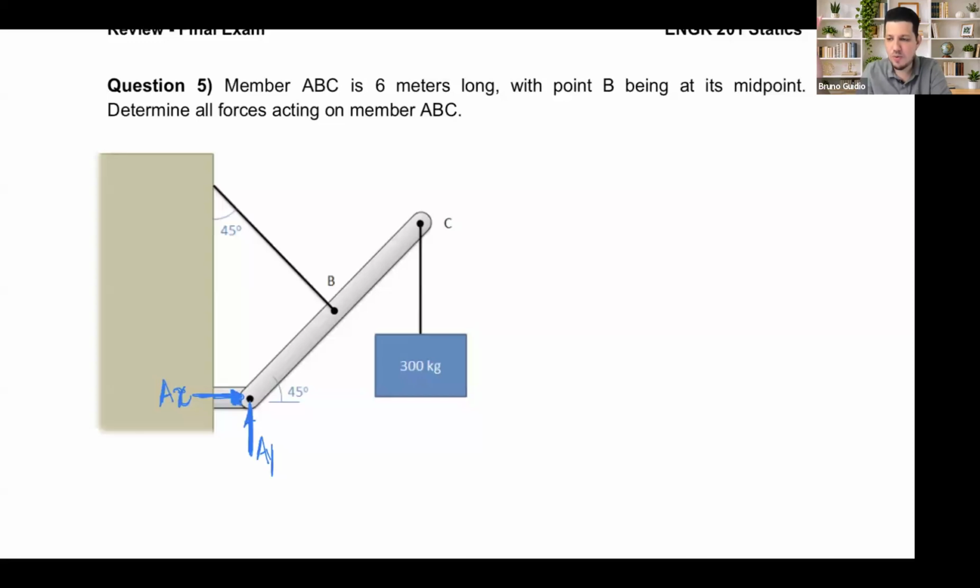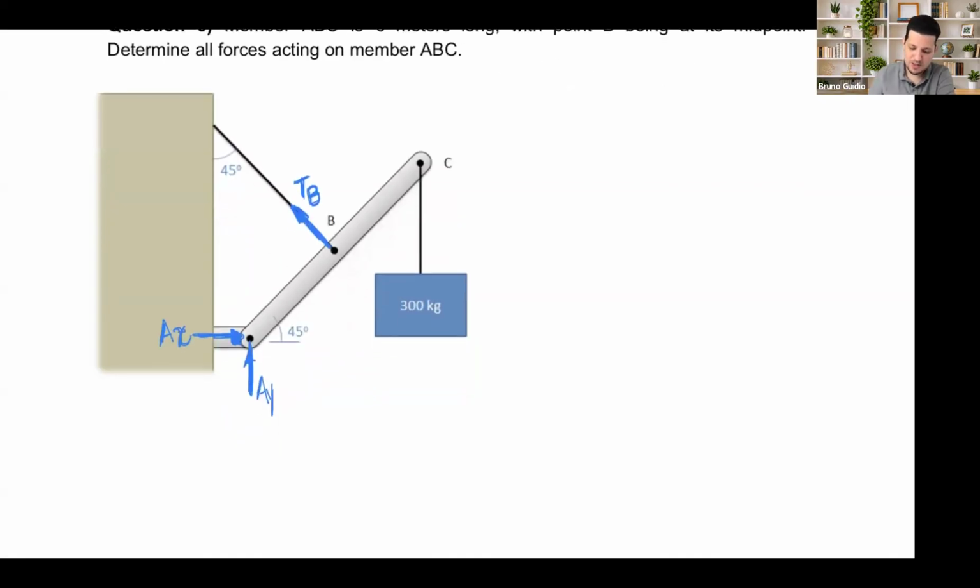What do we have in a cable? Tension, trying to hold this structure ABC. So tension B. And what about C? At C, we have this 300 kilograms, so in that cable is going to be this weight here.